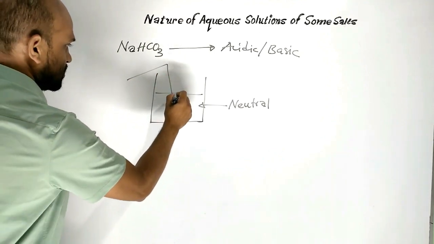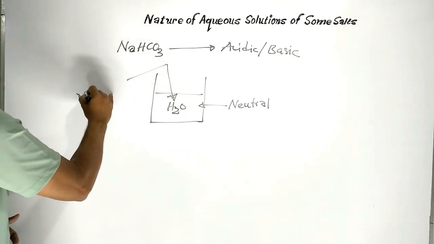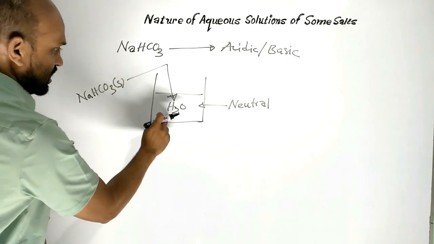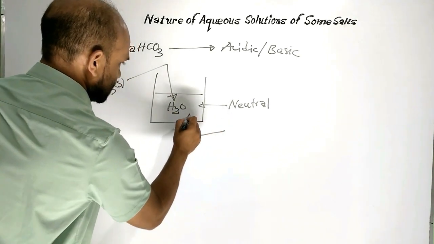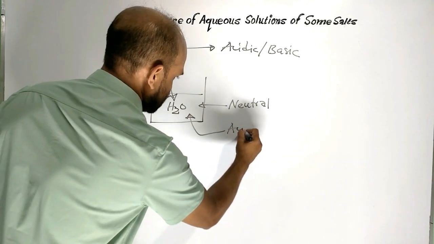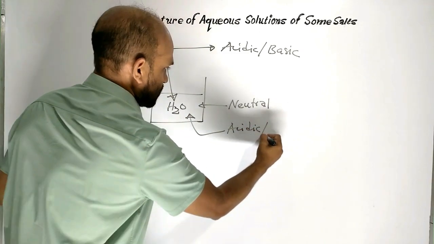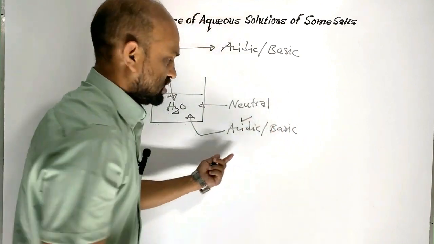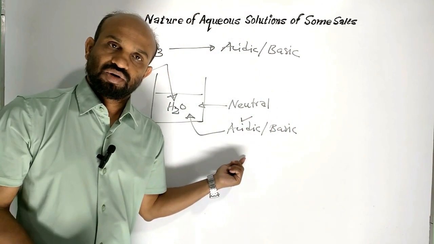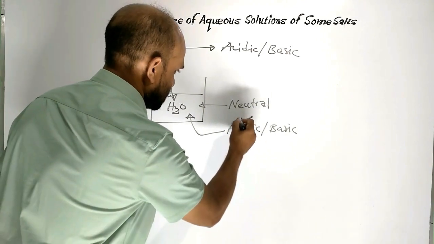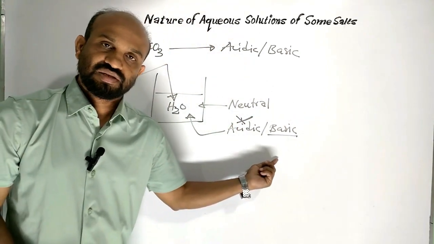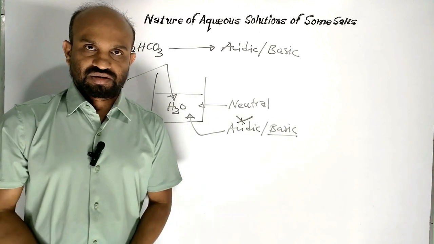When sodium bicarbonate salt is added to water, is it acidic or basic? This is actually not acidic. The solution of sodium bicarbonate is basic in nature. Let us see the reason.